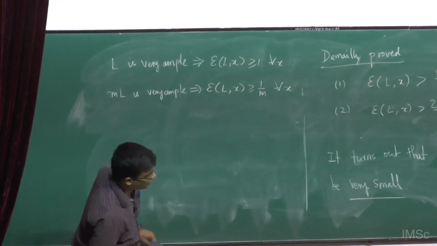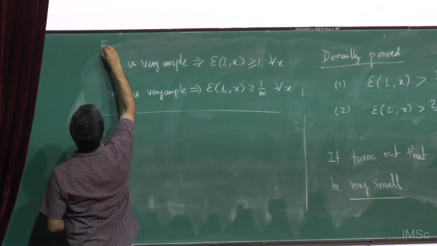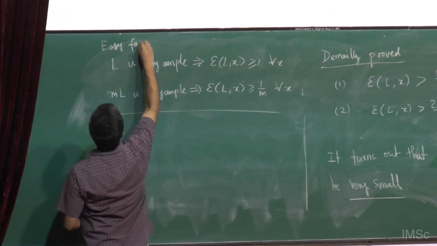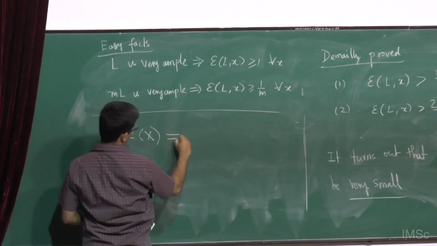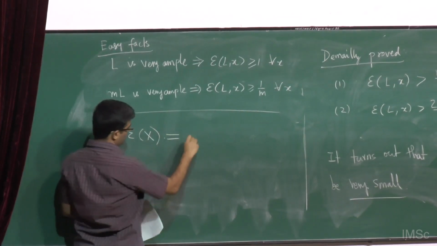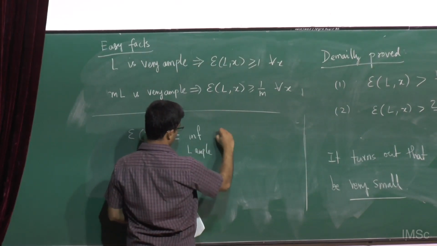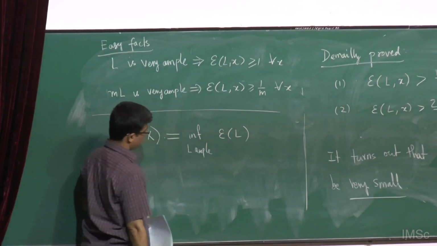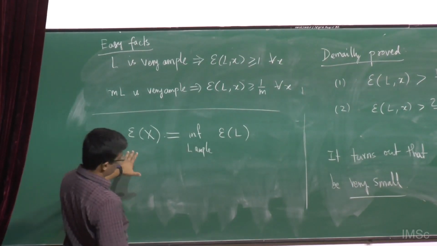Finally, the third definition there. So these are easy facts. So the third definition is epsilon X for a variety, which you define to be the infimum as you vary ample line bundles on X. And this can happen to be 0 perhaps.